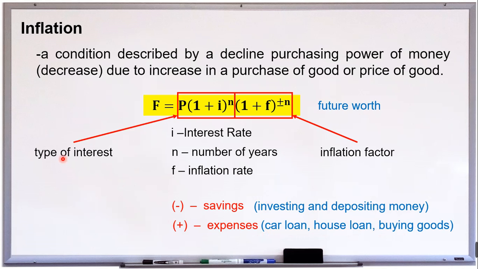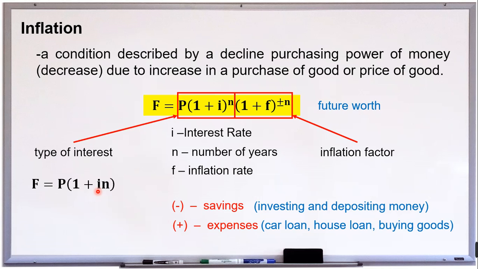Now, let's go back to the type of interest, which is the first expression in our formula. Again, it is either a simple interest, for which this expression will change into P times (1 plus i n). So this is for simple.